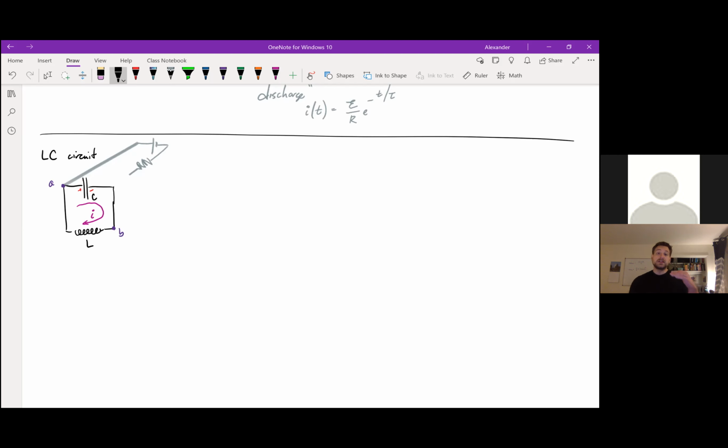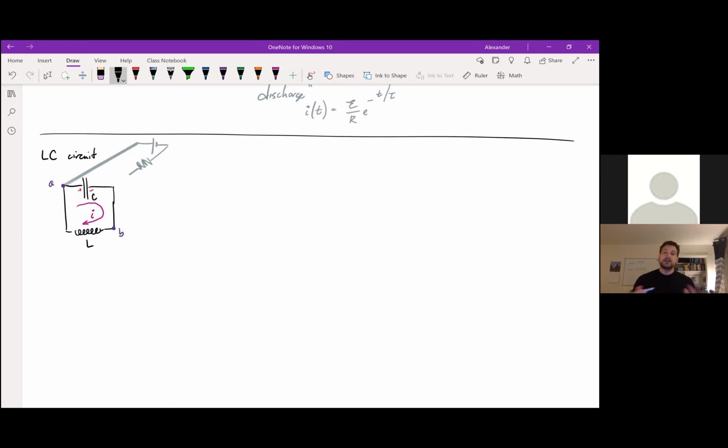Because remember, the inductor wants to try to preserve the current that exists. Once the capacitor starts setting up current, the inductor will happily perpetuate it. So the capacitor will end up fully discharging, and the current will flow around and will end up charging the other way.